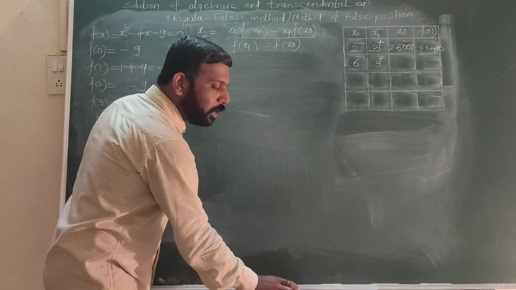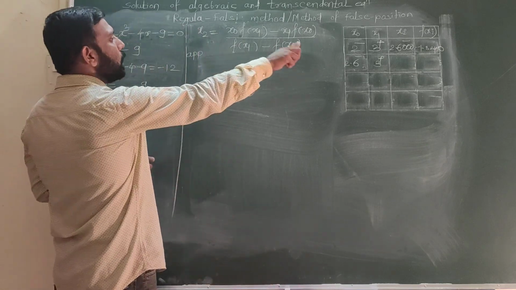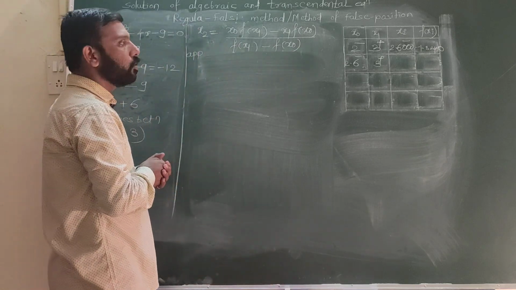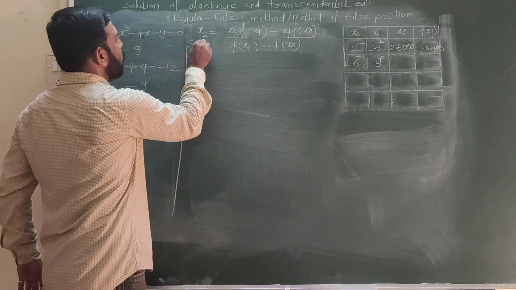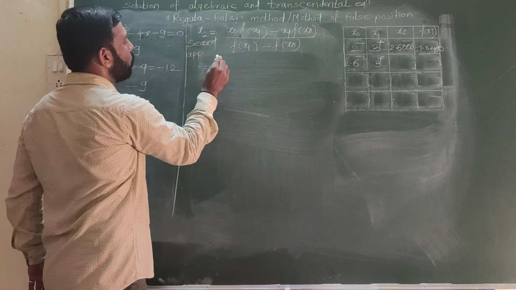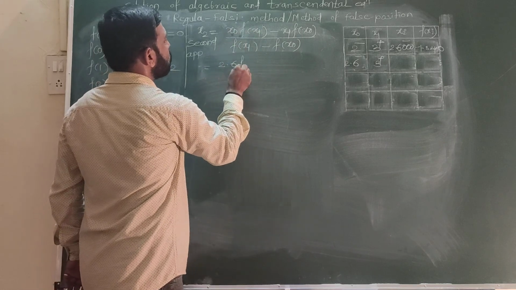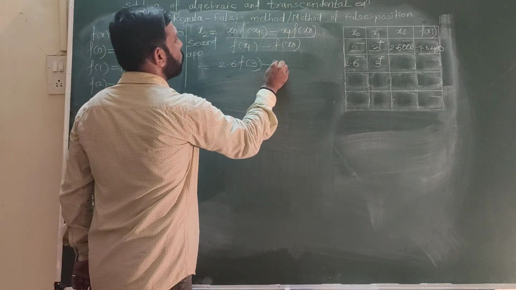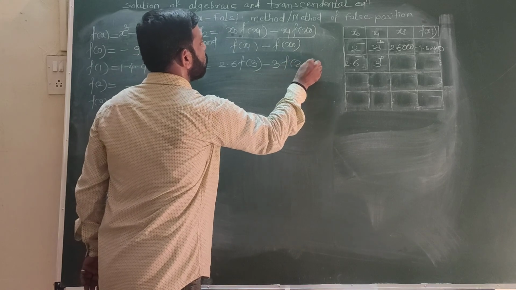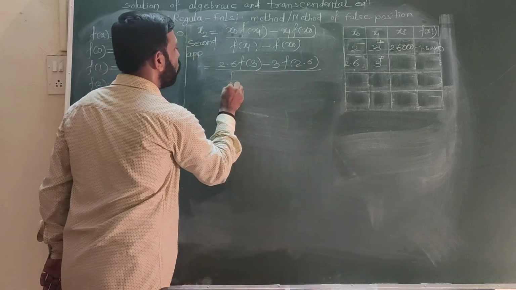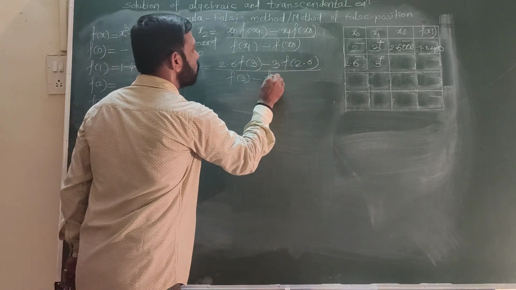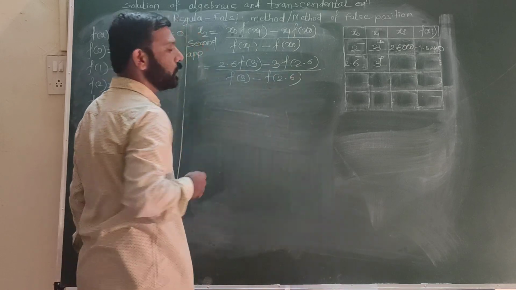Now the formula will be kept as it is, and we only make changes in the values x0, x1. For the second approximation, x0, x1 upon f of 3 minus f of 2.6.